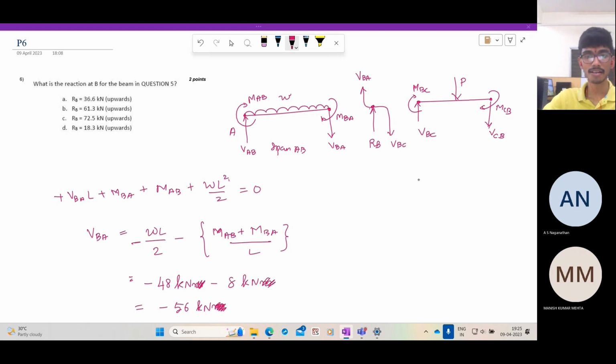And then let us look at span BC. Again, because we need VBC, we can take moments about the point C. So if we take moments about the point C, VBC into L minus P into L by 2 plus MBC plus MCB is equal to 0.